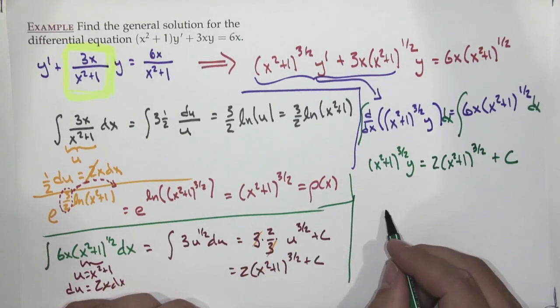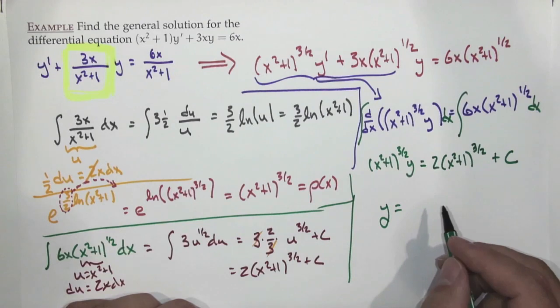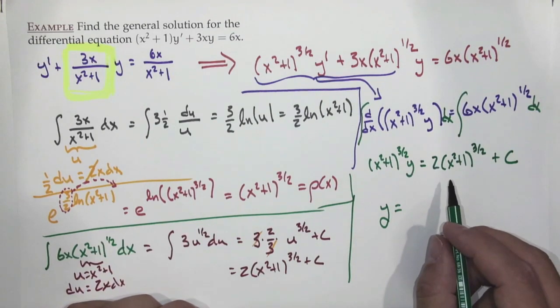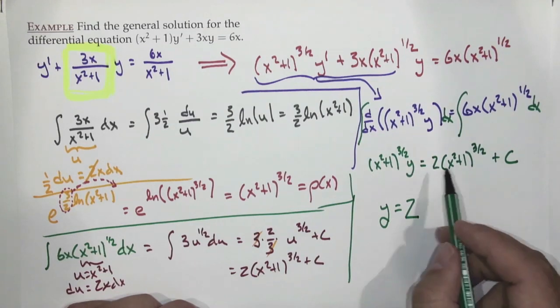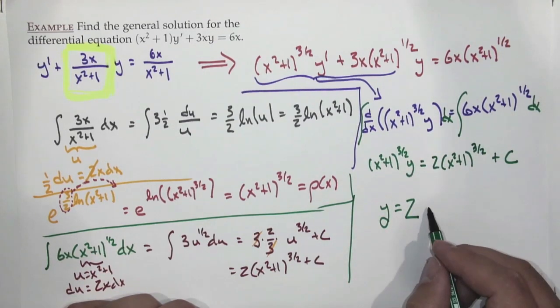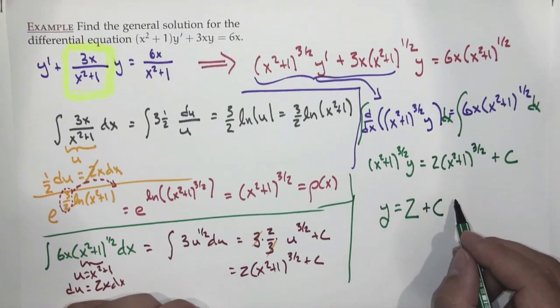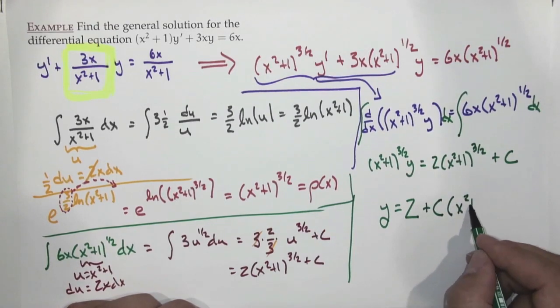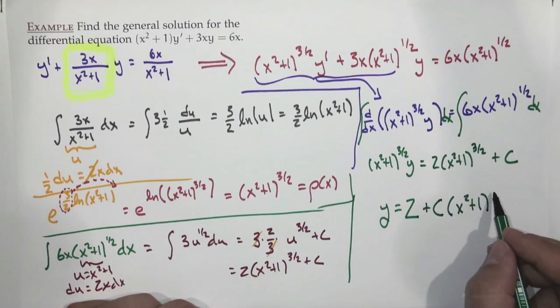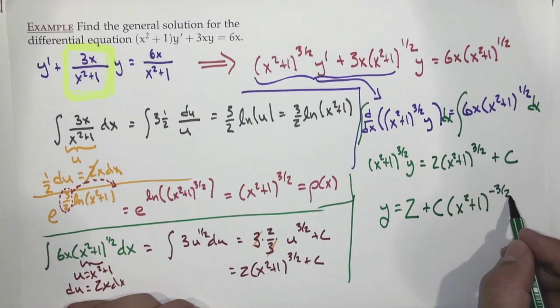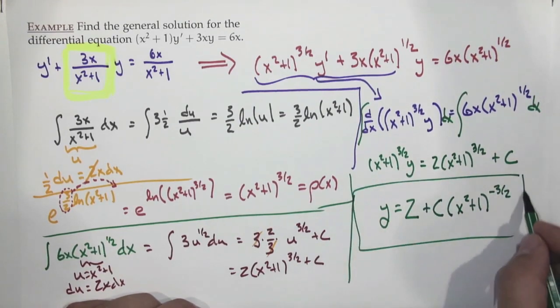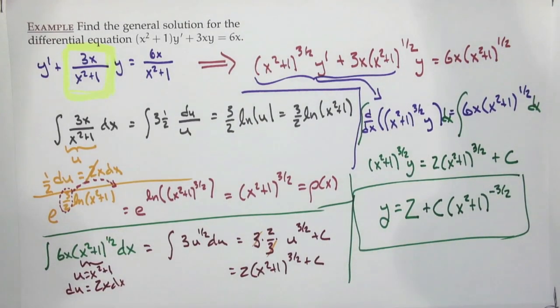So what do we get for y? 2. Because the x squared plus 1 and 3 halves cancel. And some constant c times x squared plus 1 to the negative 3 halves. And we're done.